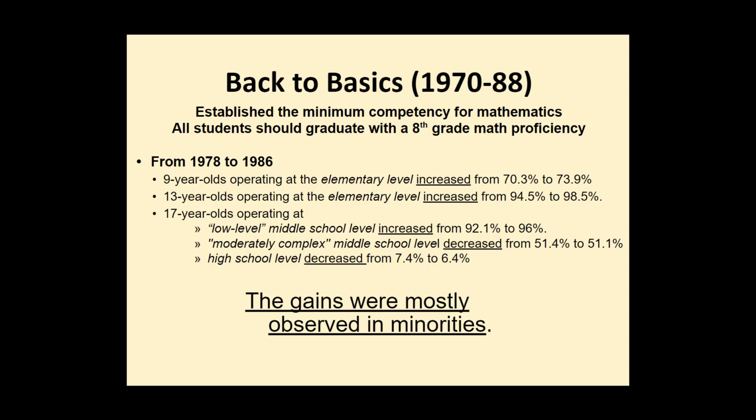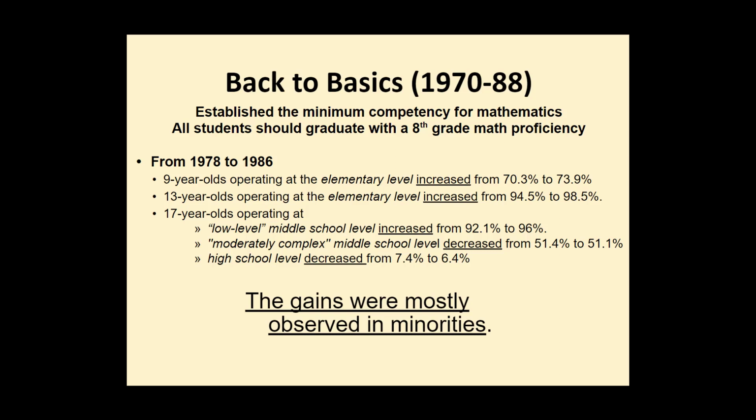There's an increase of students operating at least at an elementary level. However, when looking at 17-year-olds operating at a low level, middle school level, that number increased from 92% to 96%. Now, this is a 17-year-old operating at approximately a 13-year-old math level.